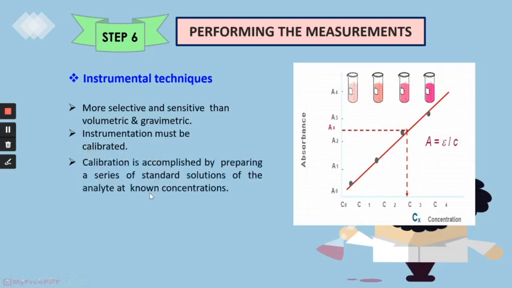Calibration is accomplished by preparing a series of standard solutions of the analyte at known concentration. For example, this is the standard. You run with known concentrations, and then when you want to determine the concentration of your sample, you use this calibration curve. The calibration curve is the instrument response as a function of concentration.